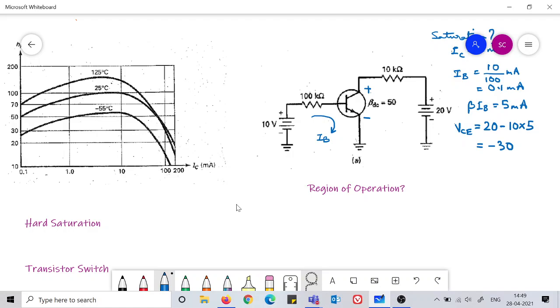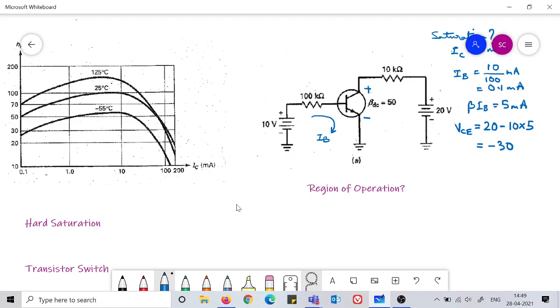By chance it may come to the active region, we prevent that also. We are making it hard saturation. We will always work in the saturation region or the cutoff region, so there is no intermediate region of operation that we are allowing.